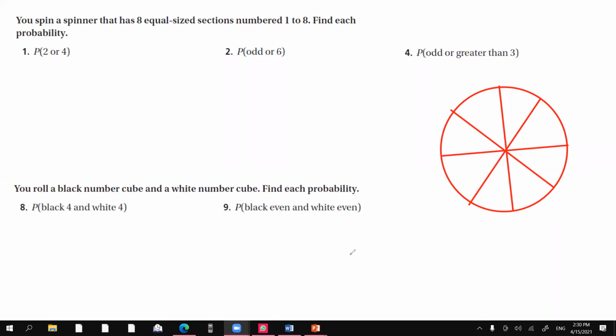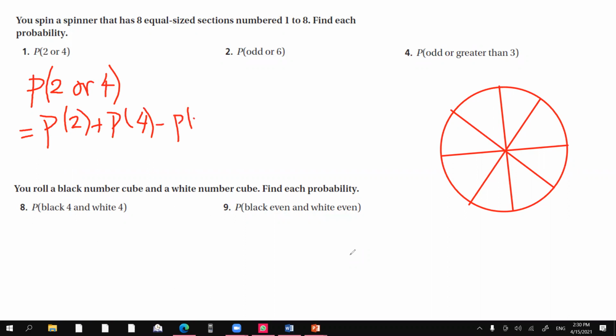Now, the probability of 2 or 4. The formula is the probability of 2 plus the probability of 4 minus the probability of 2 and 4. Now, what is the probability of 2? 1/8.